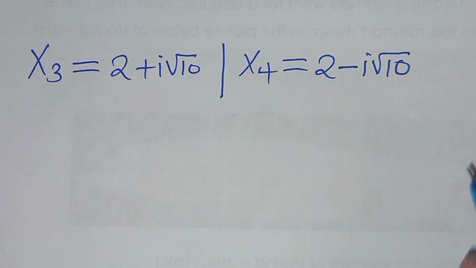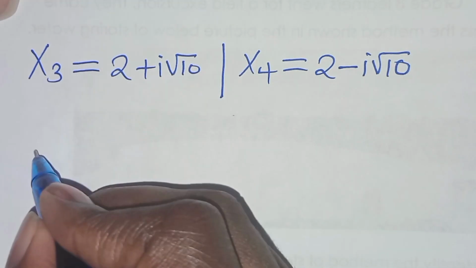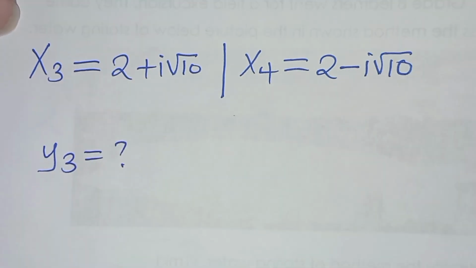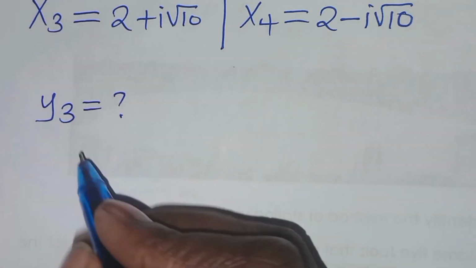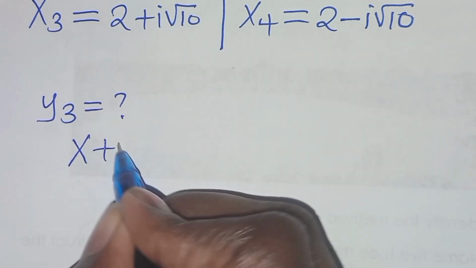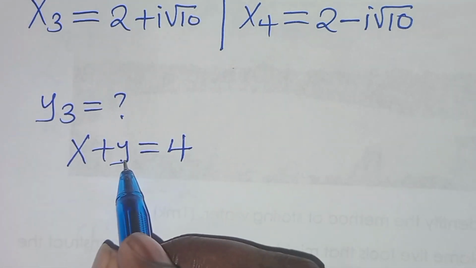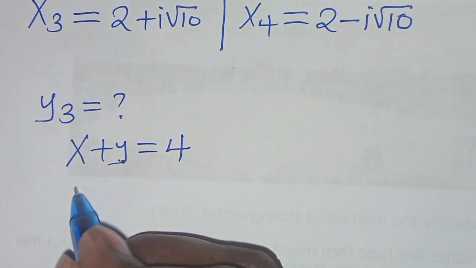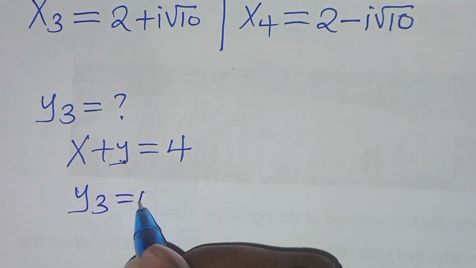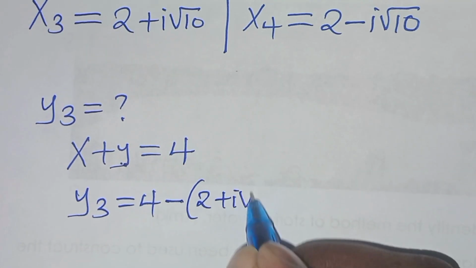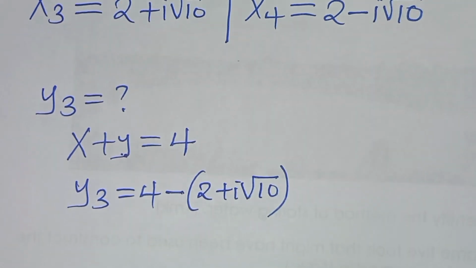Let's solve for the corresponding values of y3 here. Now, given that from equation 1, x plus y is equal to 4, we can solve for the value of y given that we have x. So y3 is equal to 4, subtract 2 plus i square root of 10.